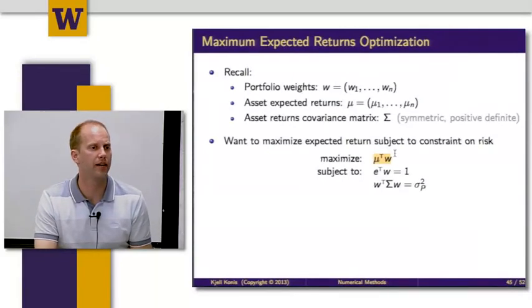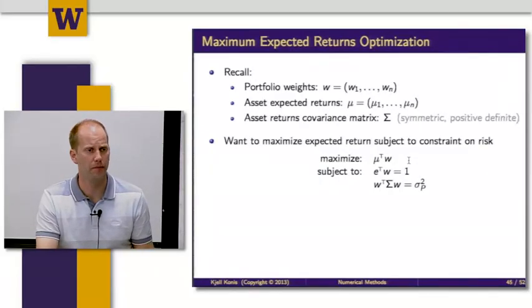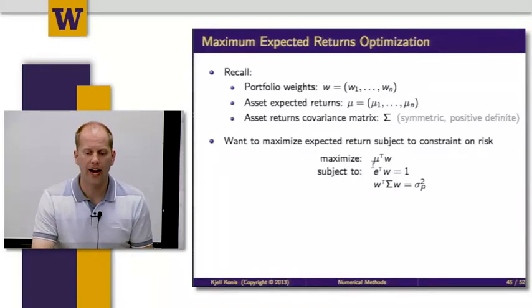Again, this is a linear quantity because these mu's are given to me, and the w's are all to the first power. So mu1 is the coefficient times w1, mu2 is the coefficient times w2, and so on. And then I have two constraints.